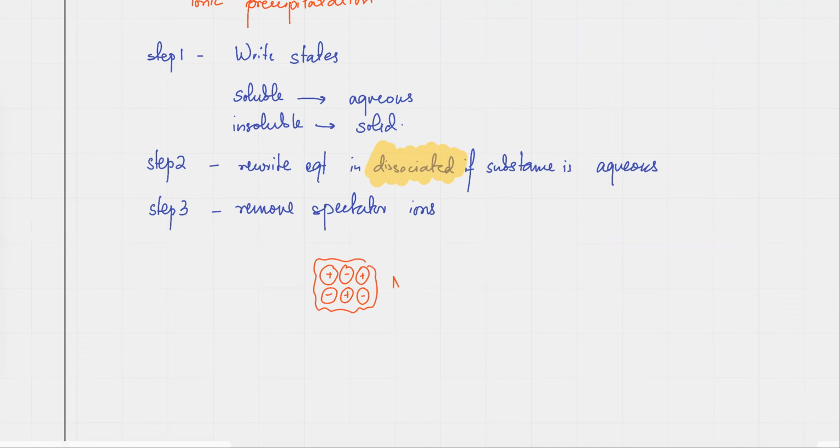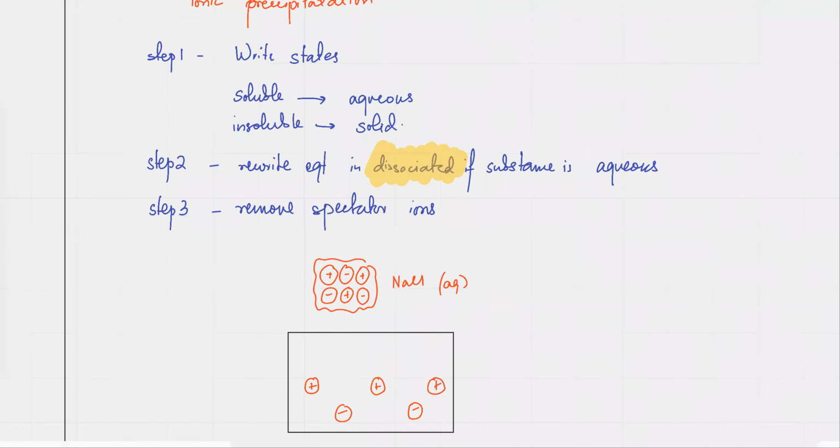So you've got NaCl. When it's aqueous, when you mix it in water, when you stir it in water, the ions dissociate. The positive and negative ions all scatter. That is what is meant by the word dissociate.